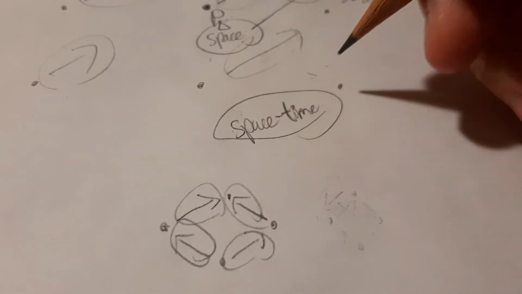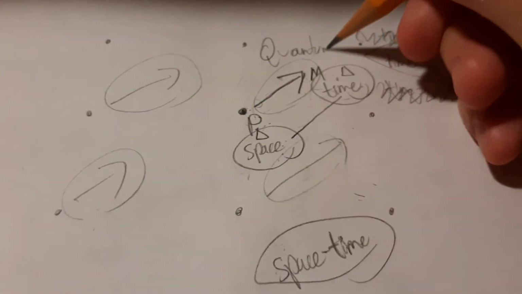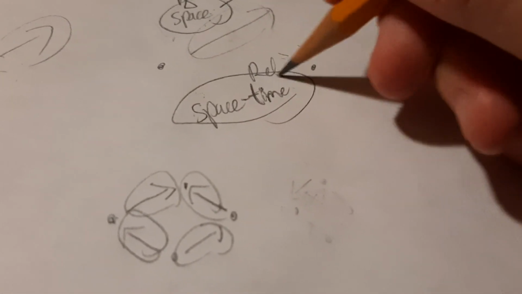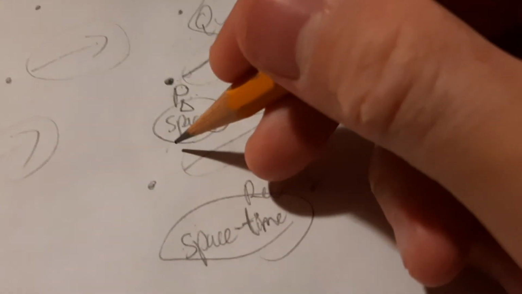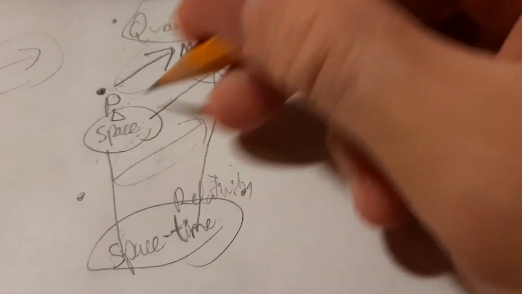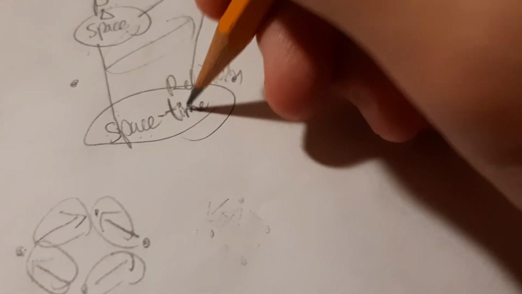And right now, of course, the big thing in physics is to combine quantum mechanics with relativity. So there's some sort of very subtle relation between space and time. One is a change in space and time. One is space being inverse to time.